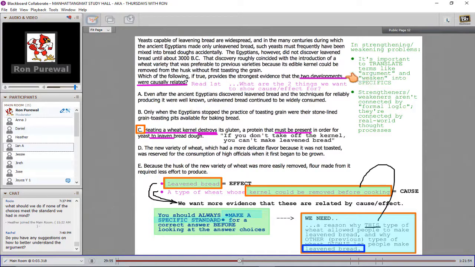First, you have to read here. And then you're like, okay, I have a goal, which is I need to find 2 things that are supposed to be related by cause and effect. Then you find those 2 things, which are this and this. You just have to have a goal. You need to have a reason to be reading the words that you're reading.